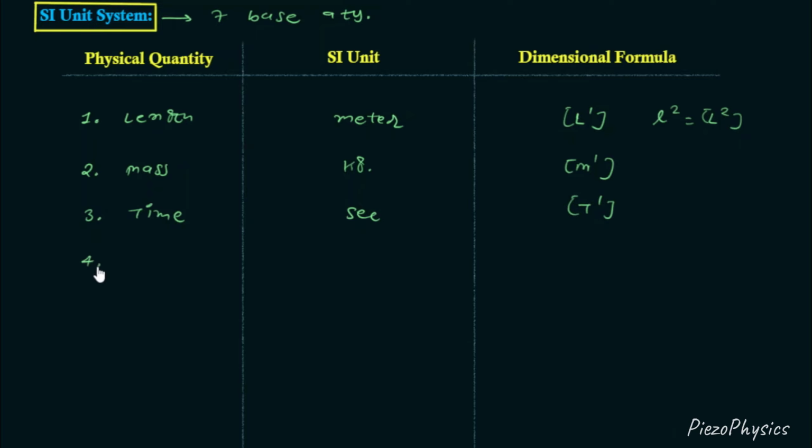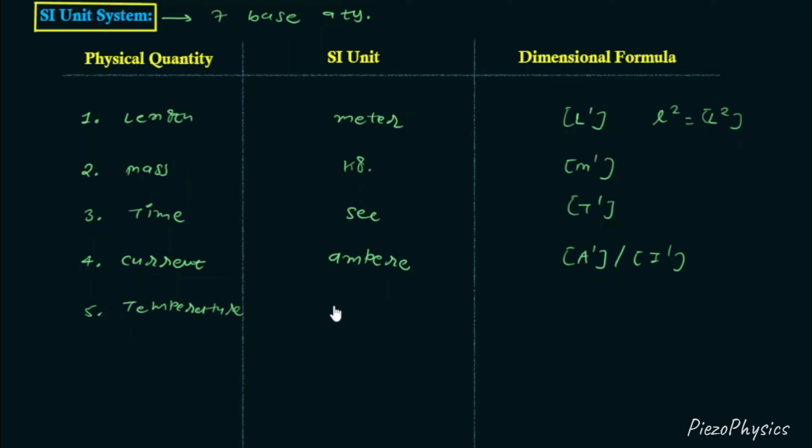Fourth fundamental quantity of the SI unit system is current. SI unit of current is ampere and dimension of current is A power 1, or sometimes it is represented as I power 1. Fifth fundamental quantity is temperature. In class 9 you have learned about temperature.